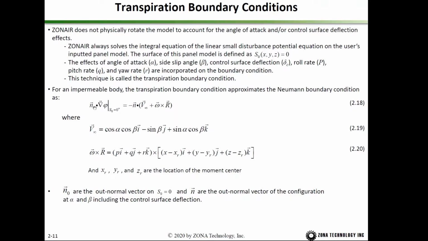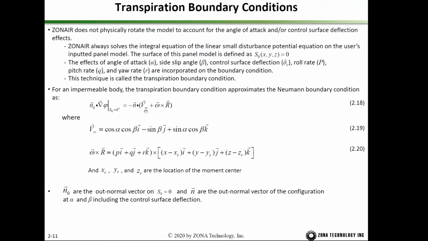This normal vector dot the gradient of phi is the velocity along the normal direction applied above the surface, and it equals the negative of V infinity dot n, where n is the normal vector of the panel including the control surface deflection.